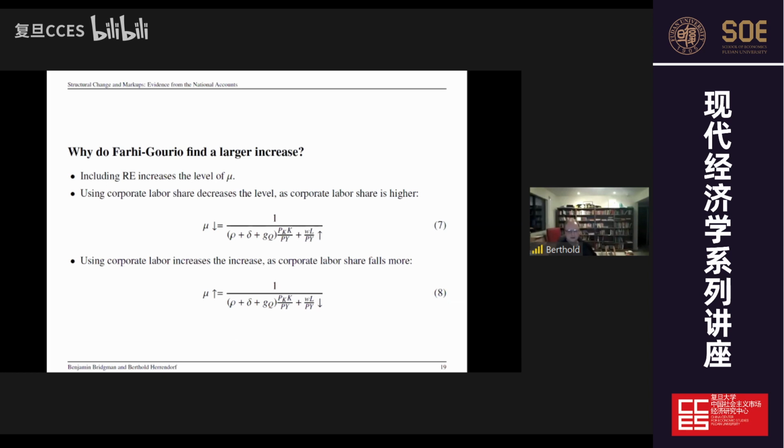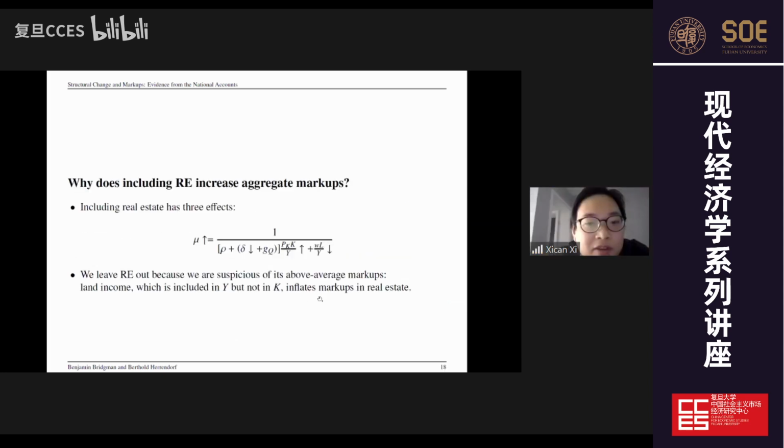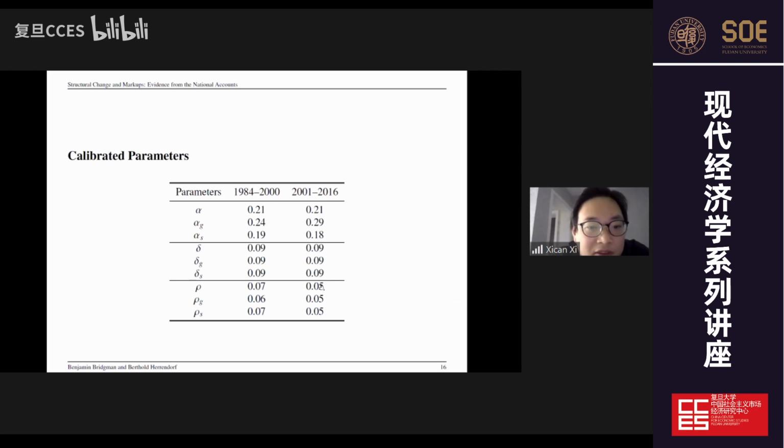Where's my rho? Here. That is true. So wait a minute. Rho is falling, and it's reflecting two things. One thing is the overall risk-free rate has fallen a lot.